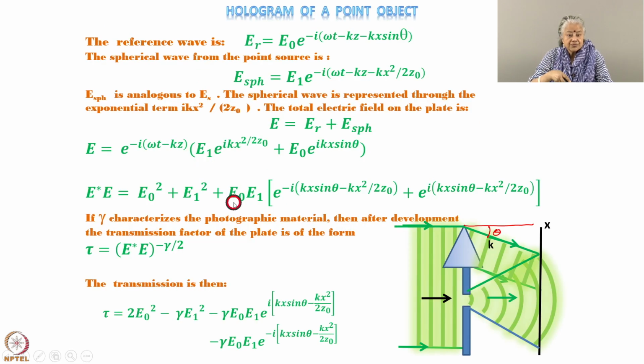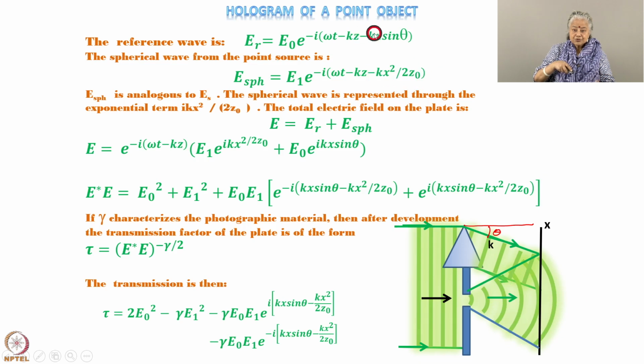The spherical wave is analogous to E signal, as I have said before. The spherical wave is represented through the exponential term i k x square by 2 z0. So, this is a new term, because it is a spherical wave.